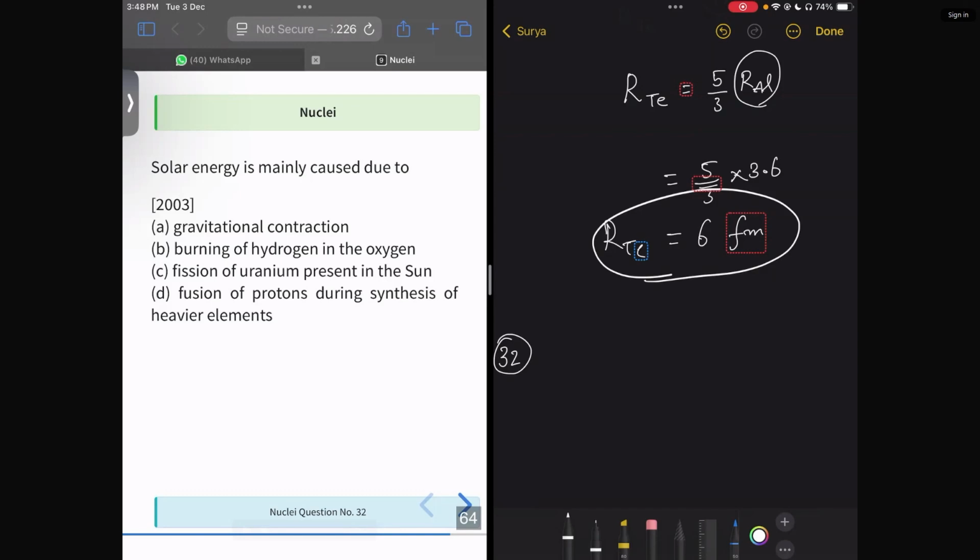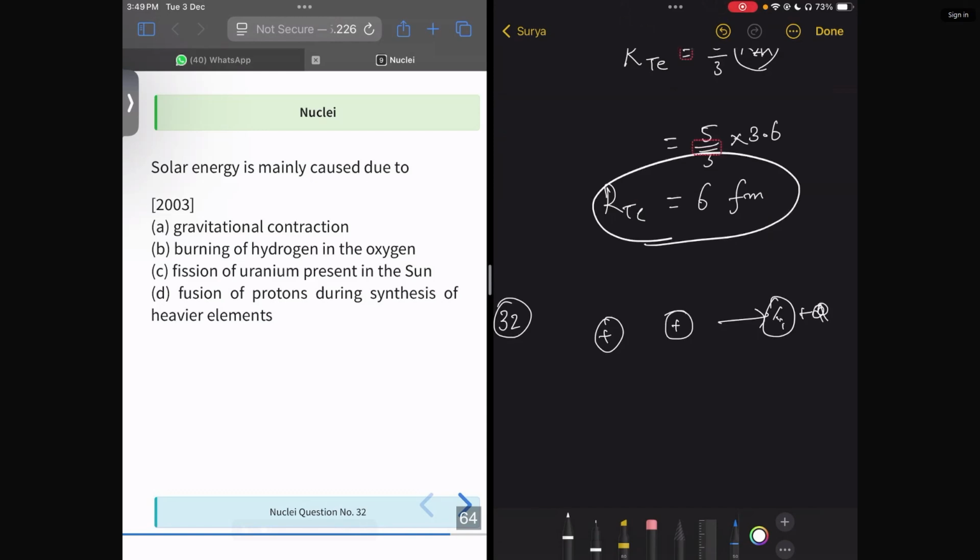As a result of fusion, enormous amount of heat is liberated, which is the main cause of solar energy, because when there is a fusion, there is some plus Q energy coming out. So option D is the right answer.